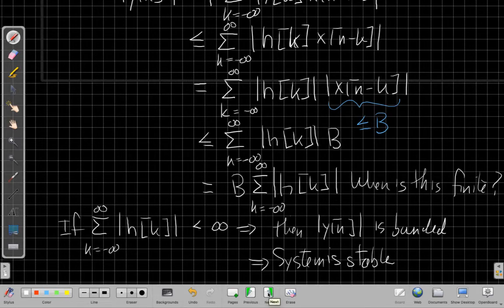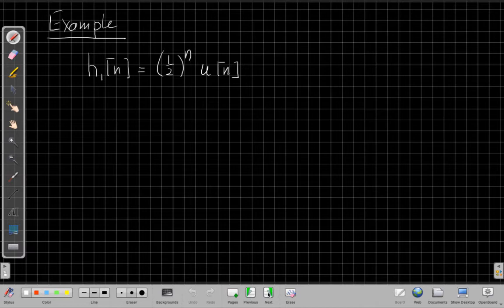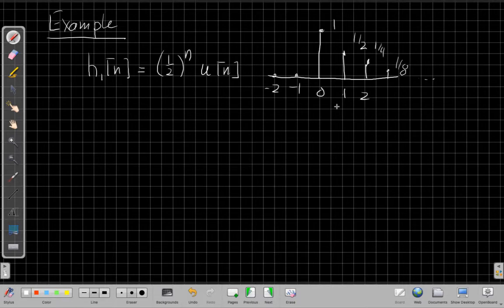Okay, so let's see a couple examples. Again, the same one I did on the causality video. If I was smart, I would have copied the picture over already, but I didn't. Not planning that far ahead tonight. But right, we saw last time, this is this decaying exponential that turns on at time 0 and then goes 1, a half, a quarter, an eighth, and so on.